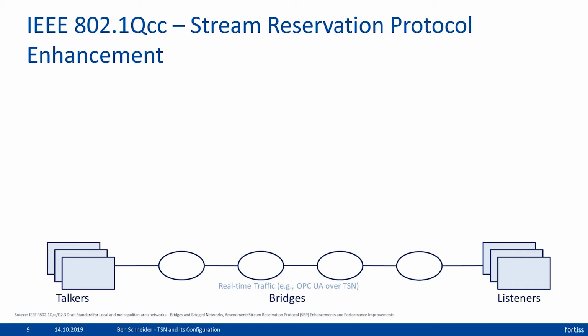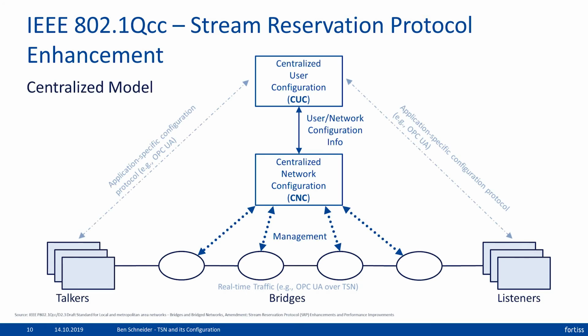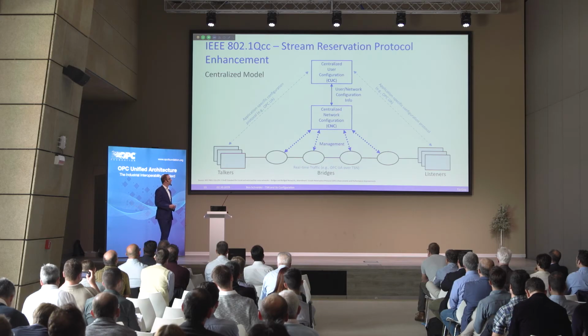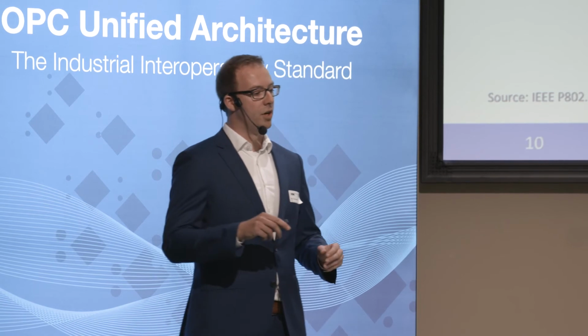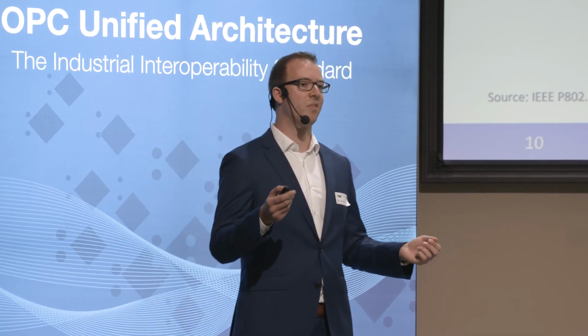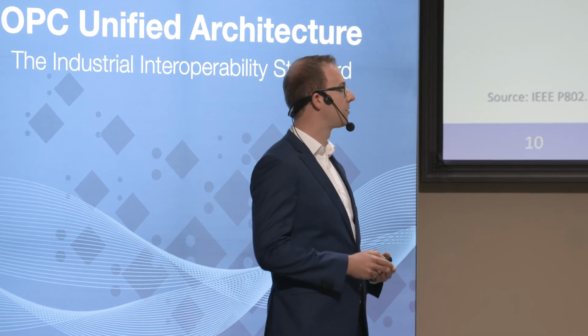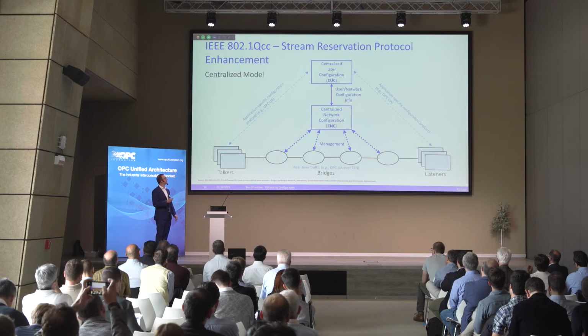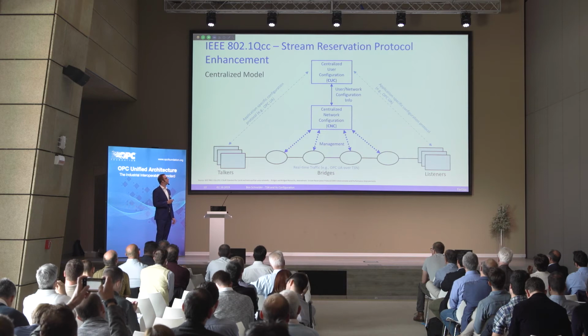So the idea for the centralized approach is that you have 2 central entities, the centralized user configuration entity, the CUC, and the centralized network configuration entity, the CNC. And the idea of the centralized user configuration is basically to gather all the different requirements from the end devices. So there are 2 possible ways to specify these requirements.